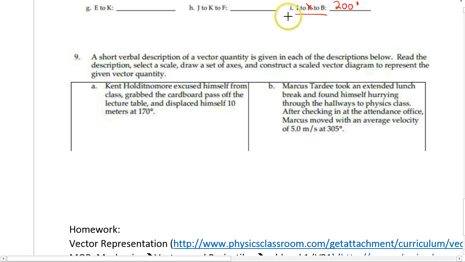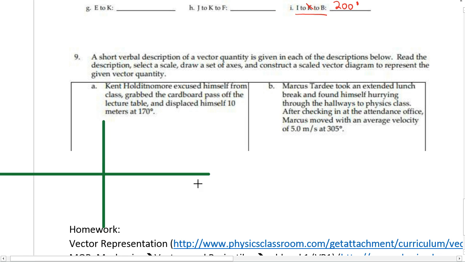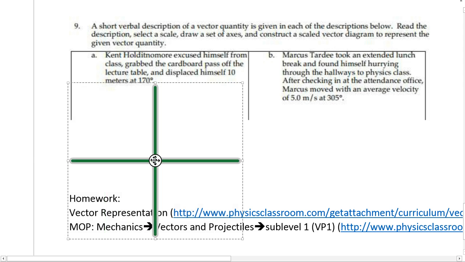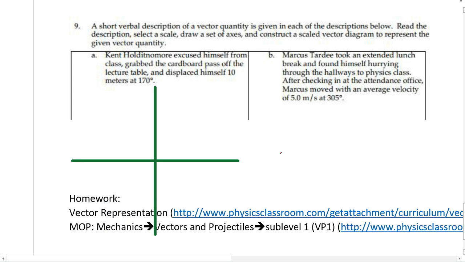Okay, I'm going to kind of make a grid here. I got this gritty thing here that I can use. So that kind of makes my XY grid, and I'm going to label this here. I'm going to say this direction's north, this one's east, this one's south, this one's west. So I need to go 170 degrees.